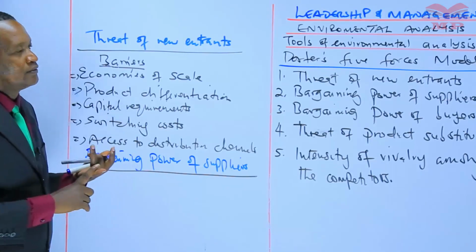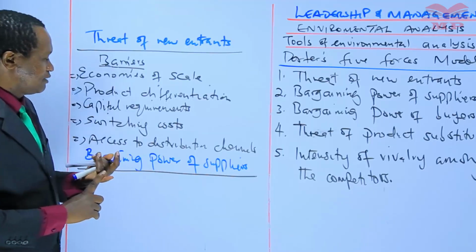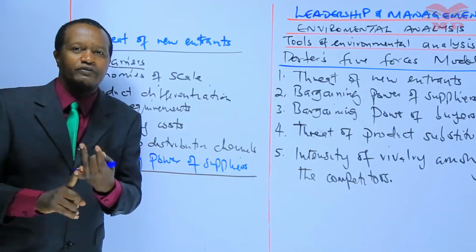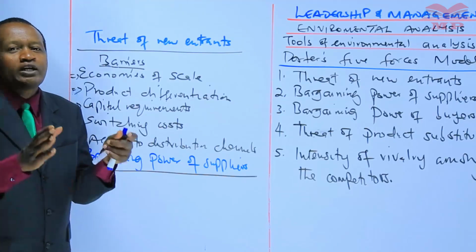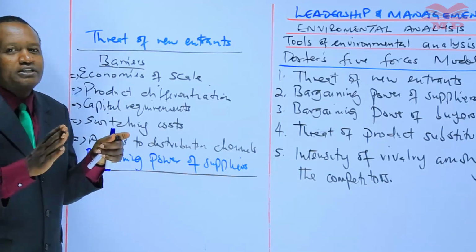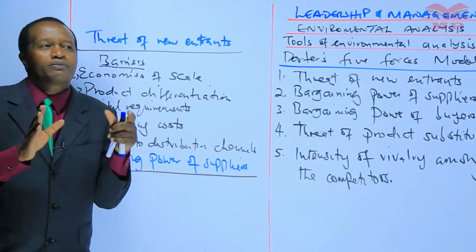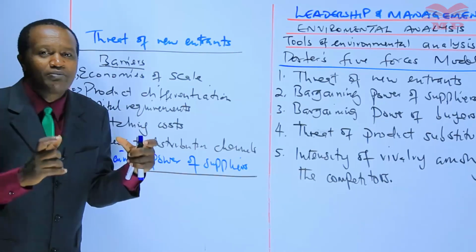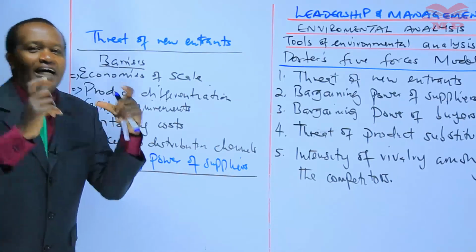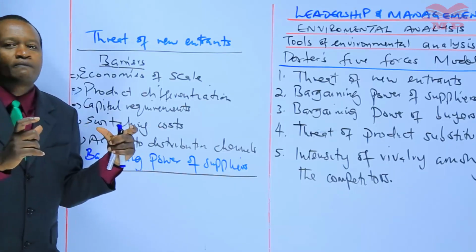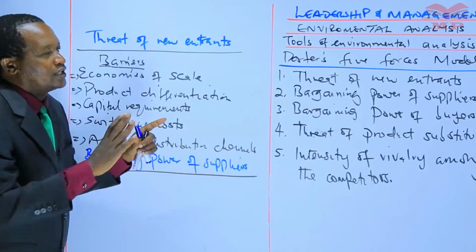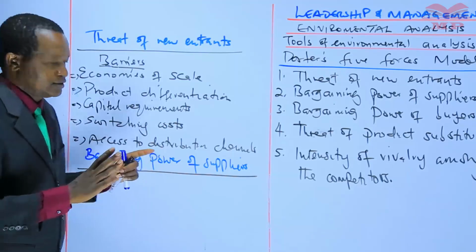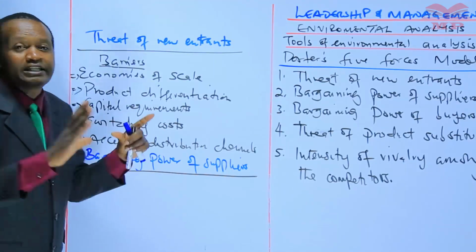Number one, suppliers can be a force to reckon with if such a group is dominated by a few large companies. Okay? If the supply of that commodity is dominated by a few but large companies, because when it's few and large, they can collaborate and dictate the prices.